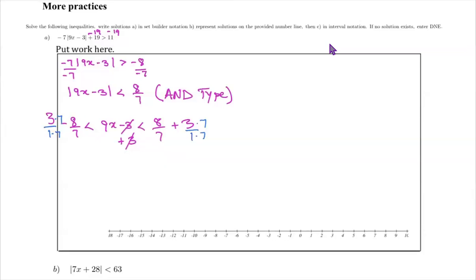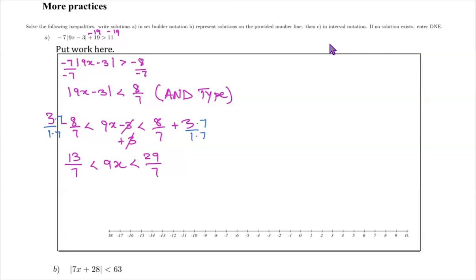So that is 3 times 7, 21 minus 8, 13/7 less than 9x less than, that is 29/7.